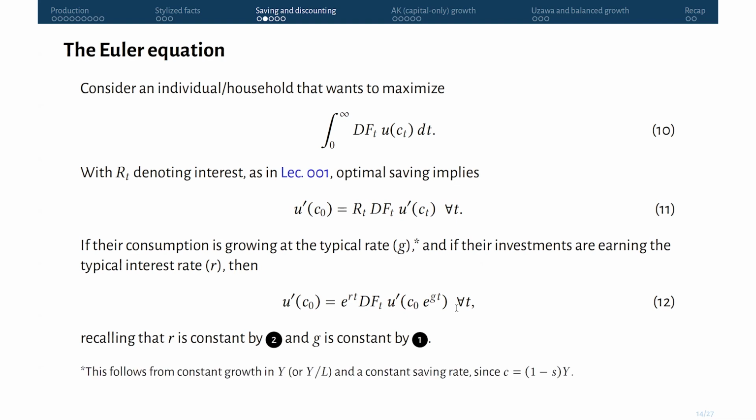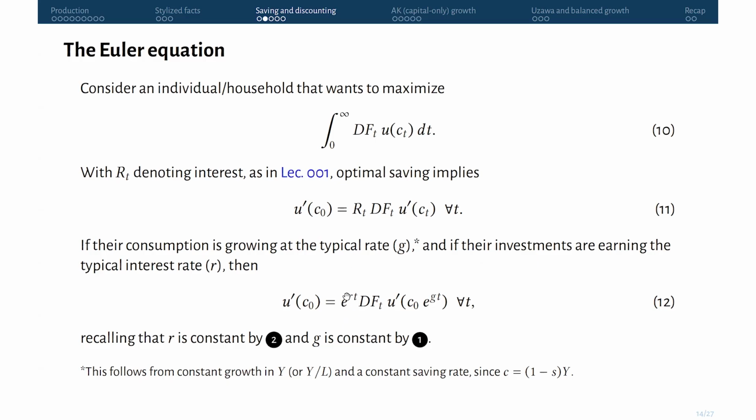Now, this will tell us that if the household's consumption is growing at that common rate g, so its consumption is growing as fast as everyone else's, and if their investments are earning the standard interest rate, so it's not that people have access to private investment opportunities no one else does or anything like that, and if that's constant, we can just replace R sub t with e to the little rt, right?